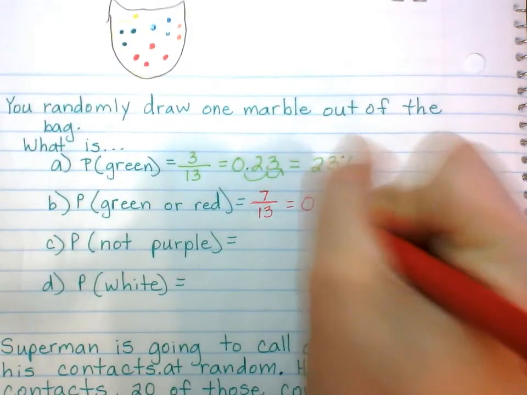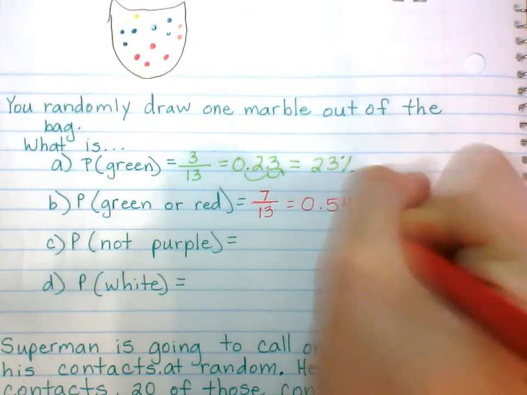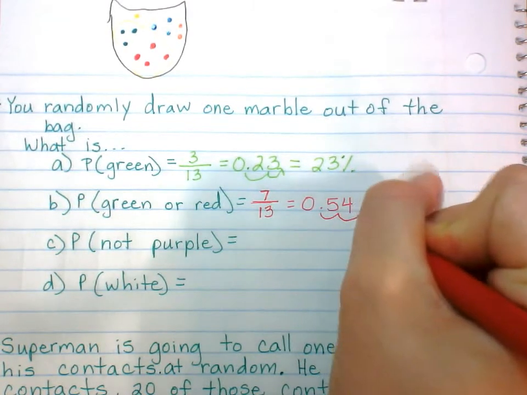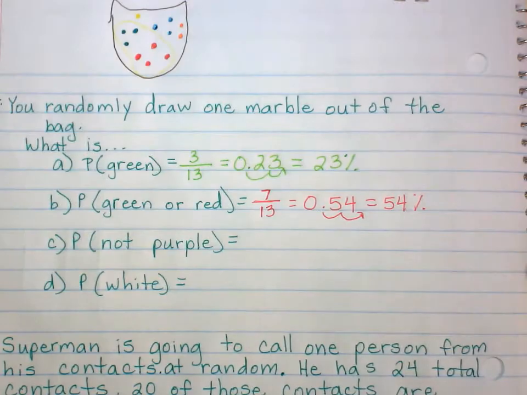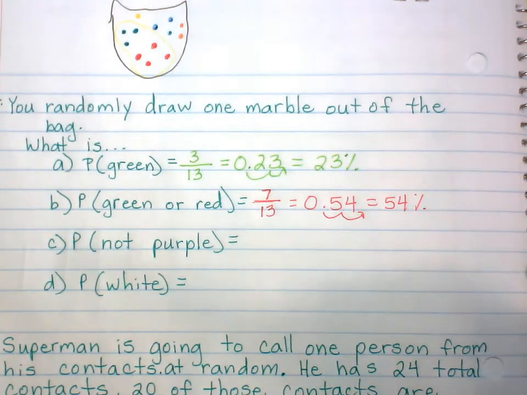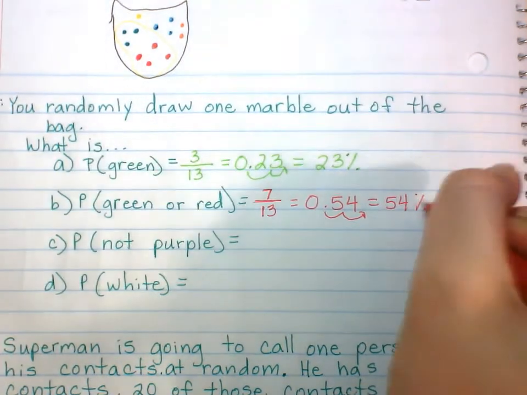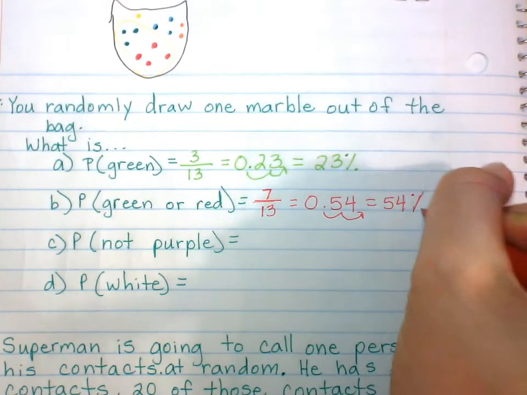So 0.54 or 54% chance. If it were 50%, it'd be 50-50. It's as equally likely to happen as it is to not happen. 54% chance, that's a little bit more likely.